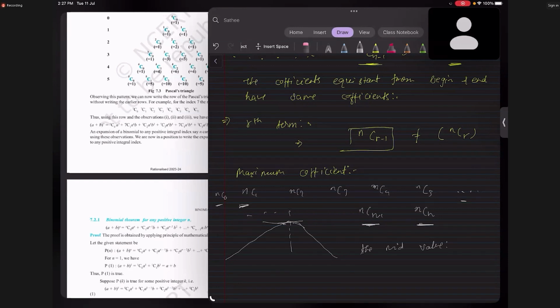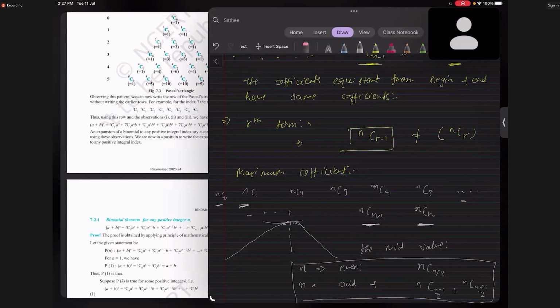So if n is even, then the maximum value will be nC(n by 2), and if n is odd, then nC((n minus 1) by 2) and nC((n plus 1) by 2) both will be the globally maximum values.